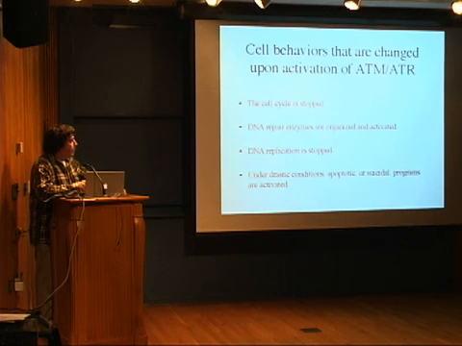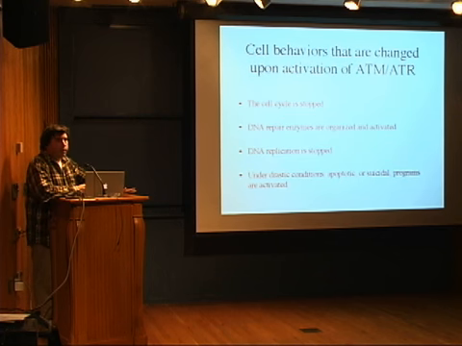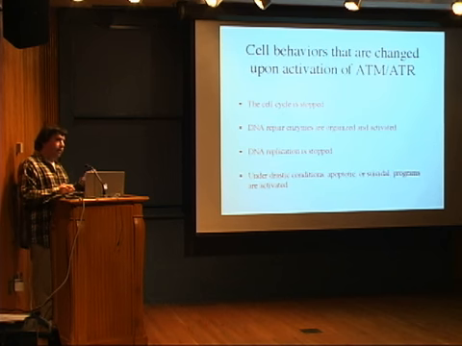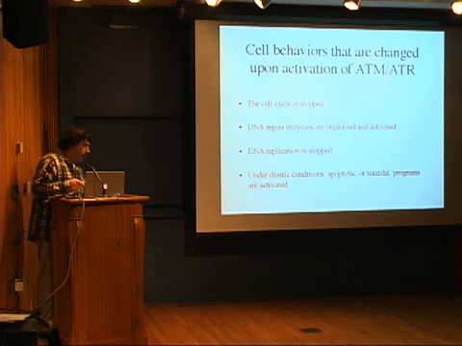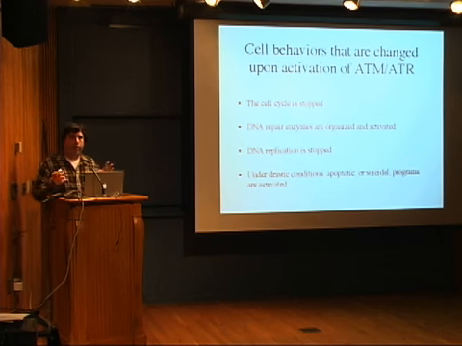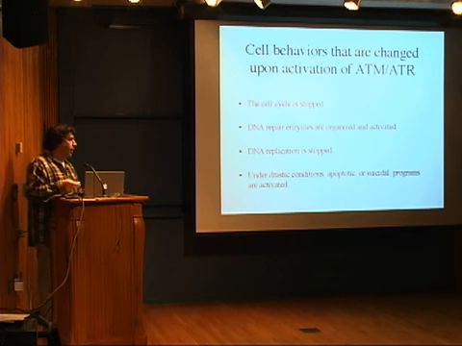And then under very drastic conditions where there's an overload of damage, these kinases can actually direct apoptotic or suicidal programs that cause programmed cell death and serve to then eliminate the cell from the population so that the organism doesn't run the risk of having that cell turn into a renegade and proliferate out of control.